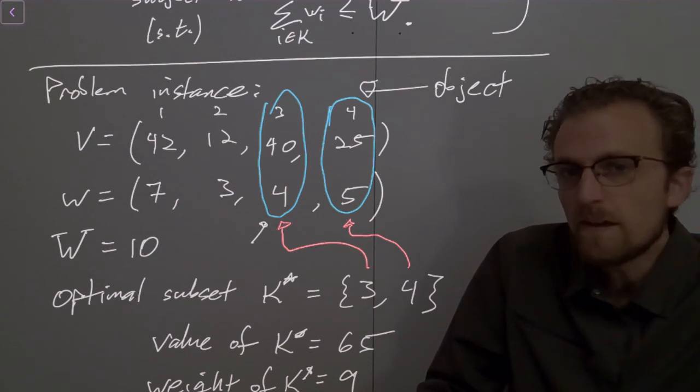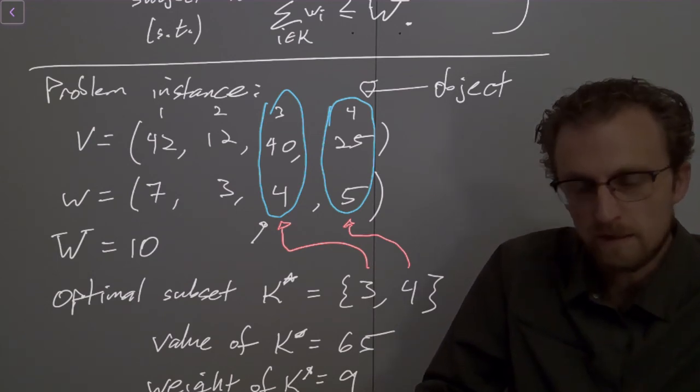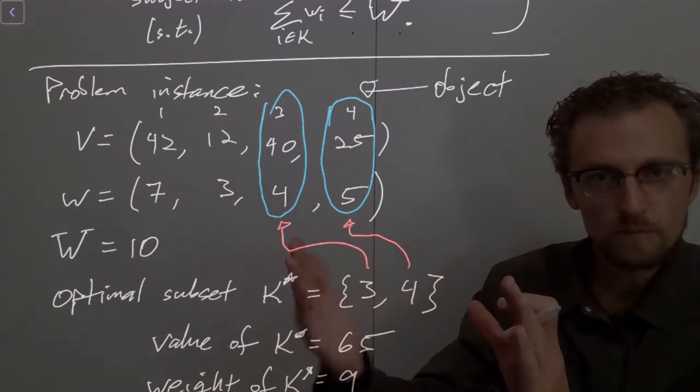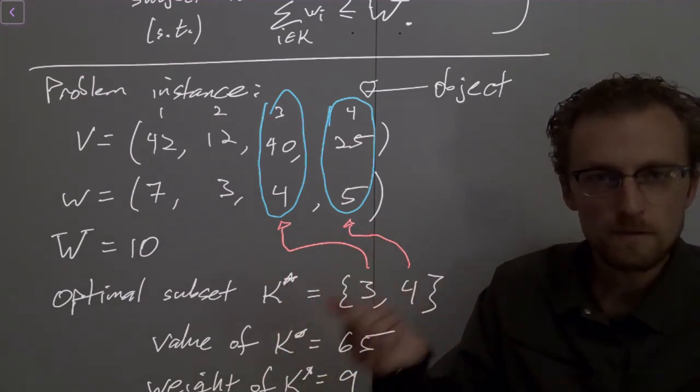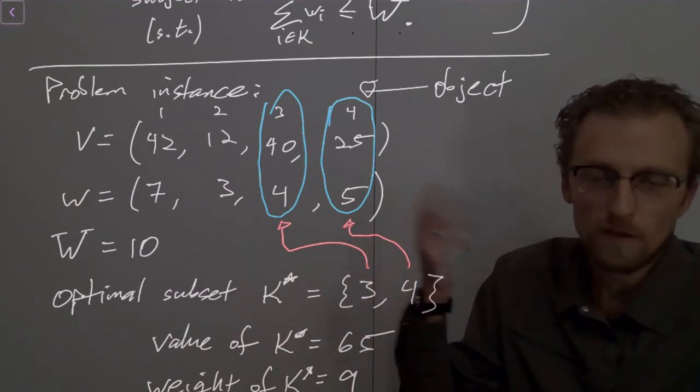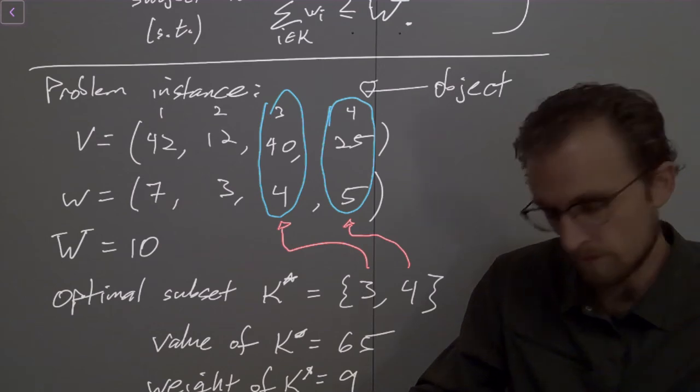Item 1 doesn't fit in a bag of capacity 5. So if I'm looking at items 1 to 3 and my capacity is 5, the only things I could do is put in 2, or put in 3, and 3 is the better value. So that's the optimal subset.